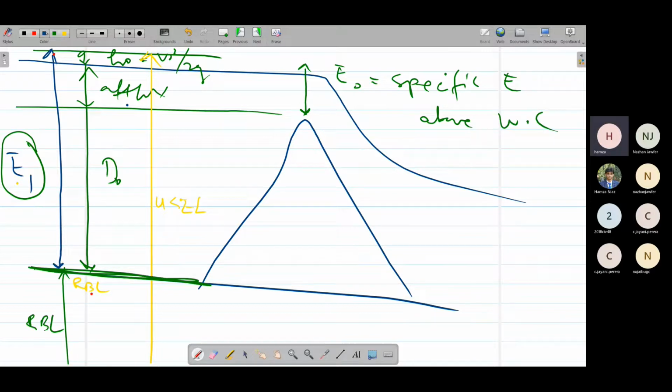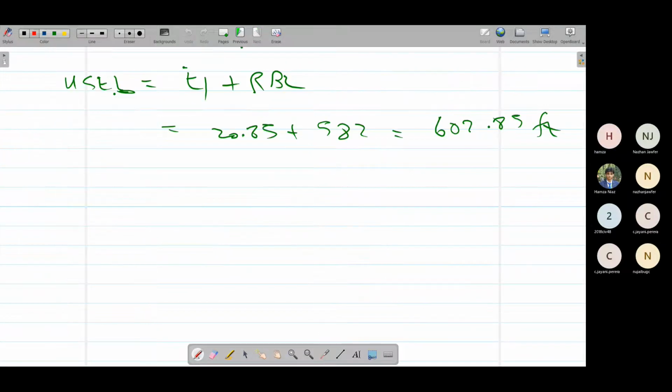So if we subtract this E naught from the upstream energy level, we'll get this value. So this is our crest level of weir, from a specific datum, which tells us how much height of the weir would be. So our crest level would be upstream energy level minus this E naught.